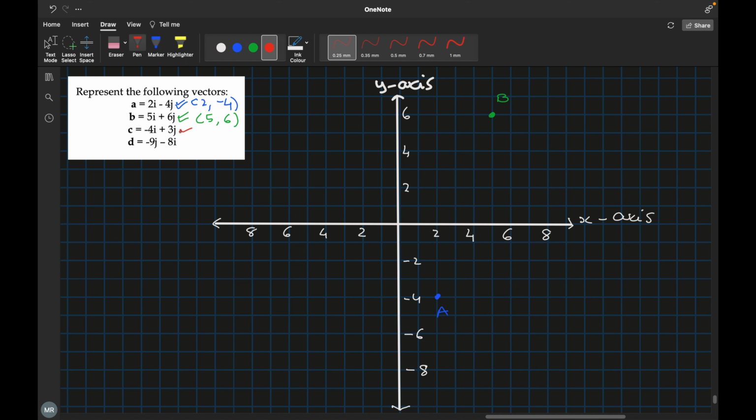And then we have this. It's going to be negative 4 comma 3. Negative 4 comma 3 would be 3 up. This is C. Now let's do the last one.